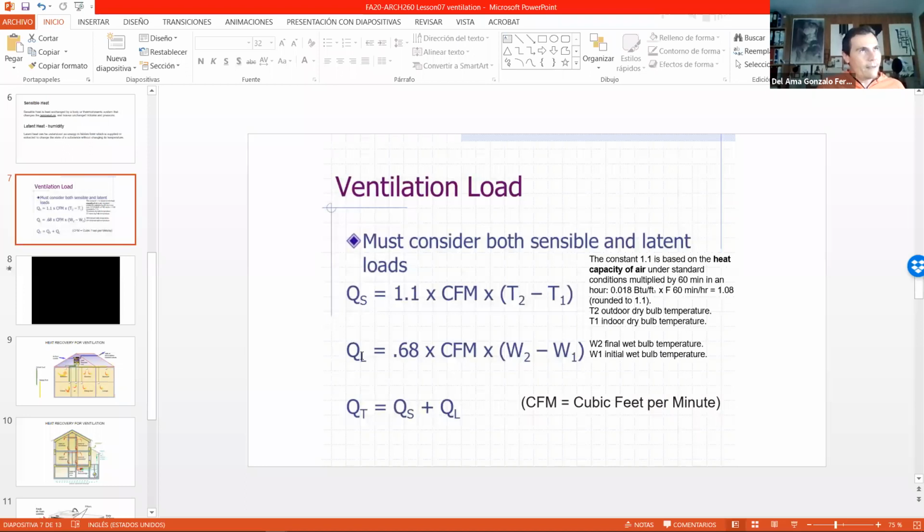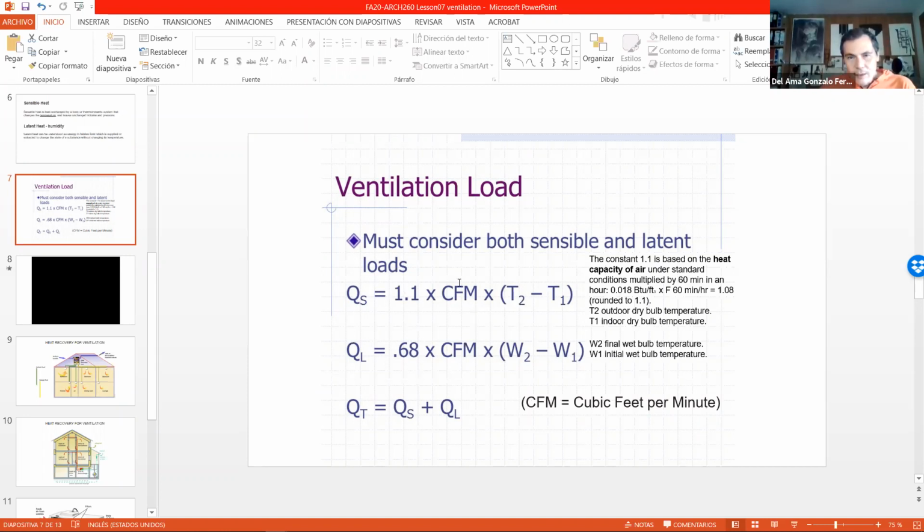We can have latent heat in the envelope, but something terrible must happen, like condensing water within the envelope. We would feel the consequences immediately, and it would be a mess. So we assume that we don't have latent heat through the envelope, but within the room we can have latent heat, because there are people breathing and releasing moisture.